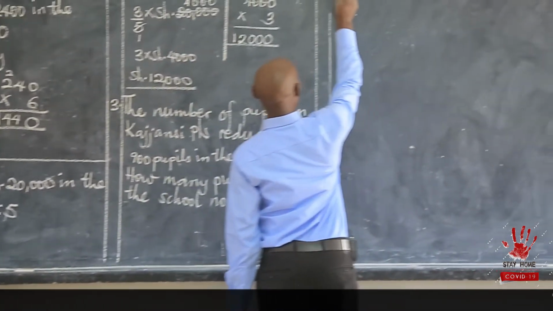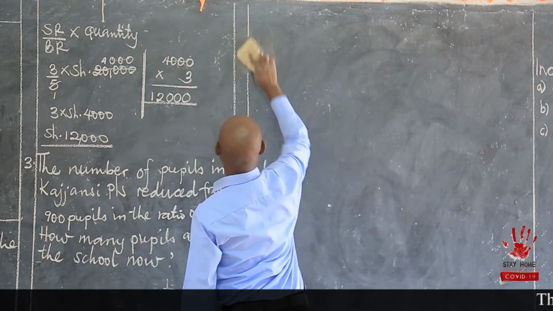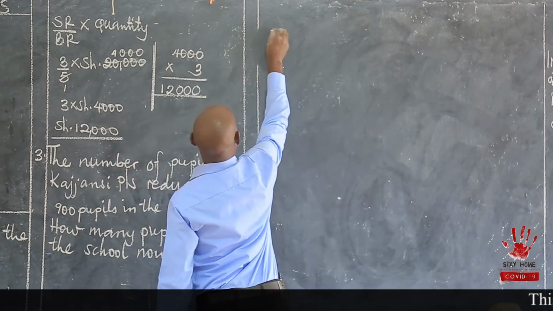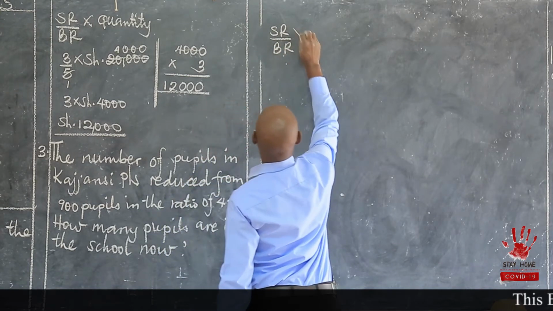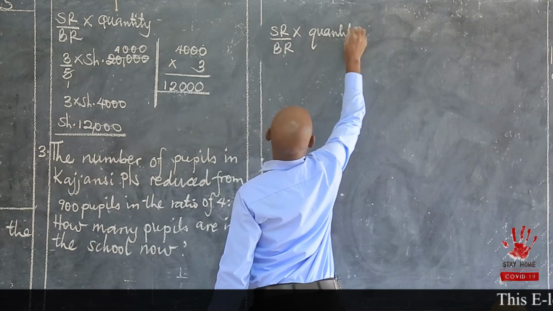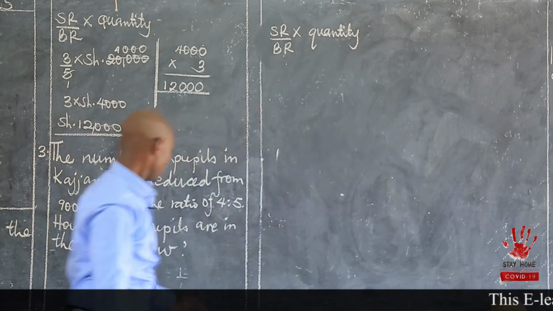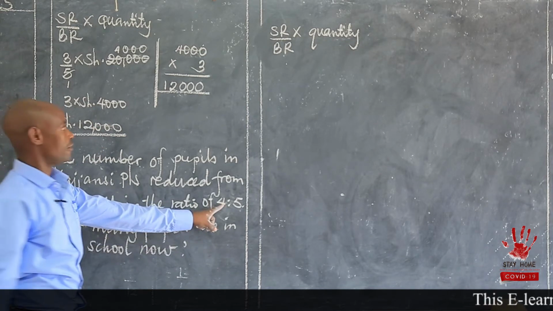So we are saying, we get the smaller ratio out of the bigger ratio, then we multiply it by the quantity. Okay? So in this case, the smaller ratio is going to be 4.